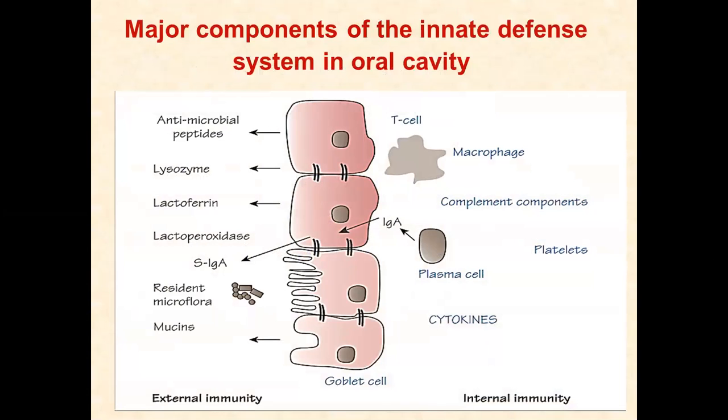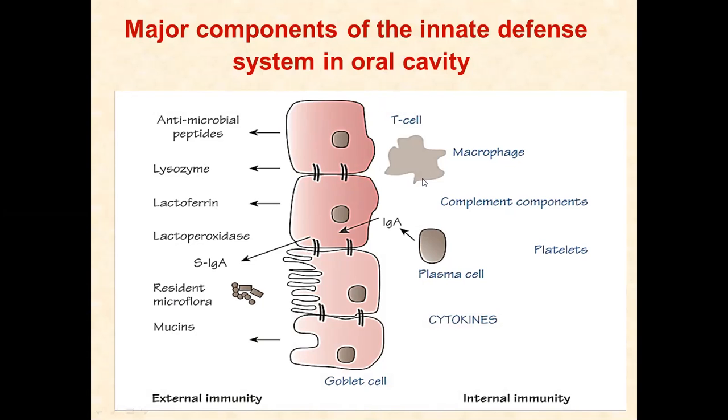And here you see the main mechanisms which are present in the oral cavity. It's the production of antimicrobial peptides listed below, and the lysozyme production, the lactoferrin, lactoperoxidase, and the resident flora. This microbiome is very important as a defense factor, and the mucin produced by goblet cells on the surfaces of mucosa in the oral cavity.